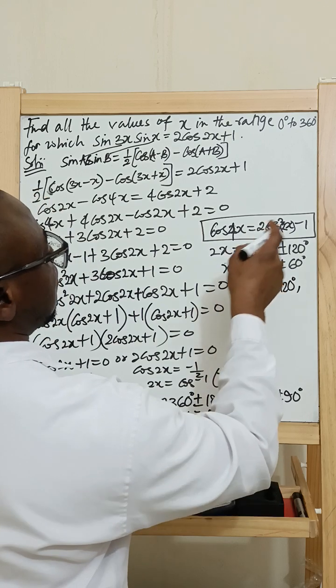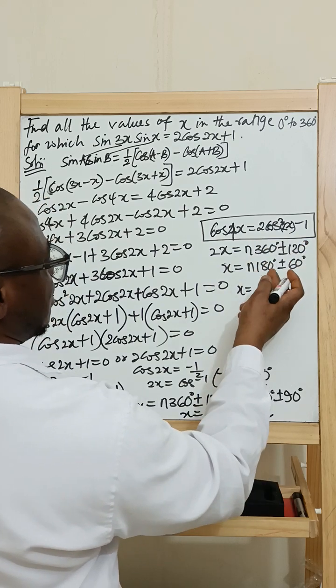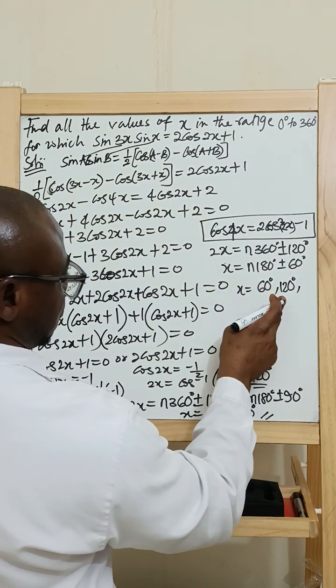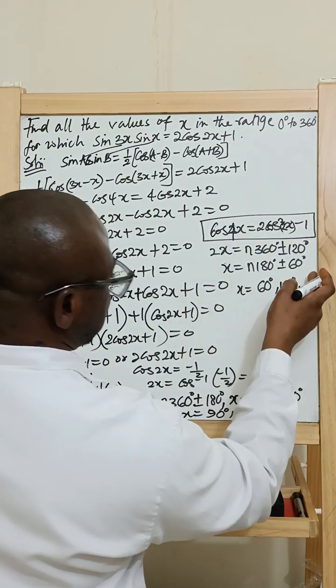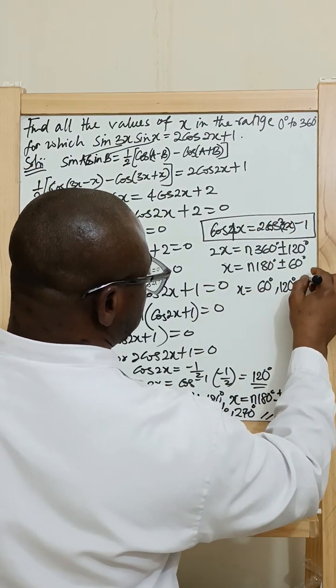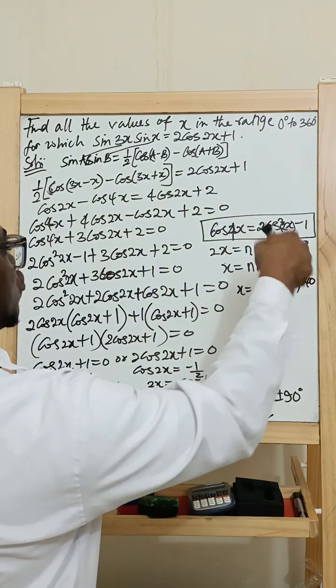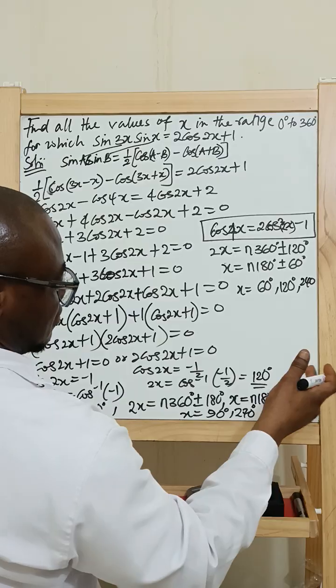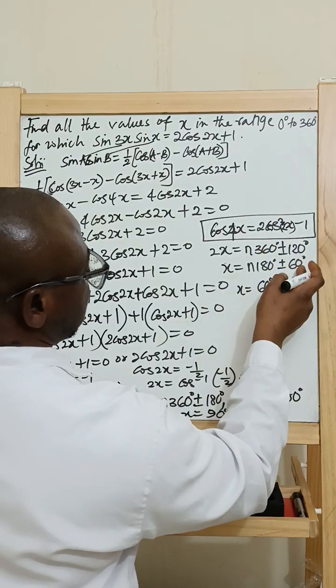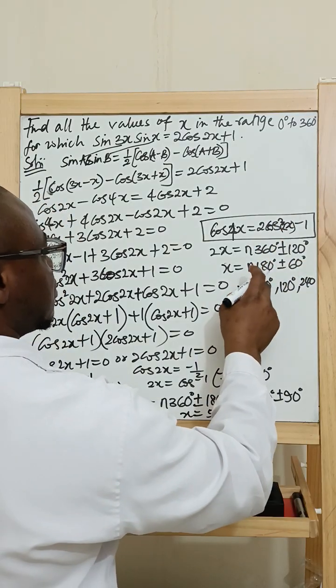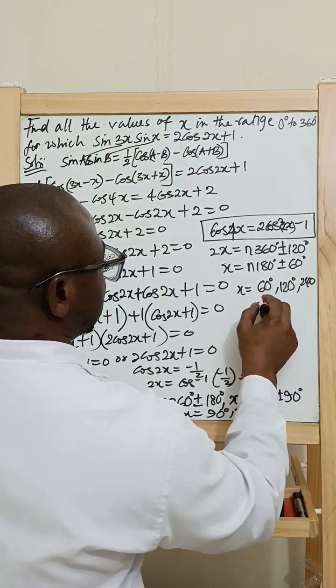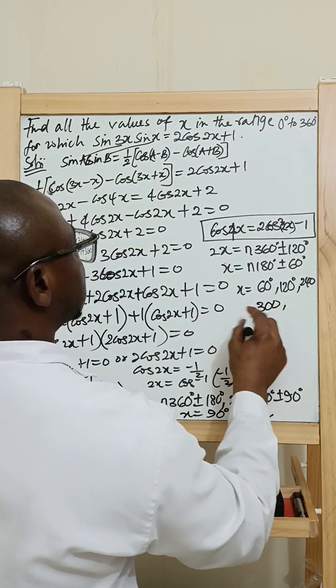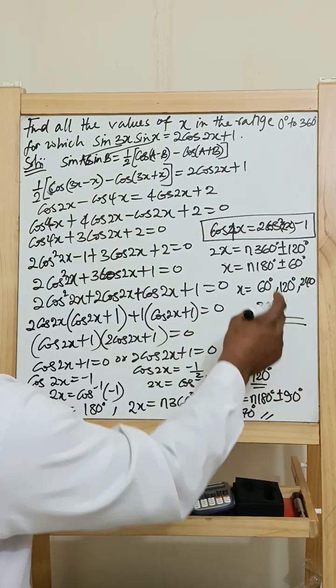And 180 plus 60, that will be 240. Right? So when n is 2, that's 2 times 180, that's 360. 360 plus 60 is over. 360 minus 60, that will be 300. So those are the values for this one.